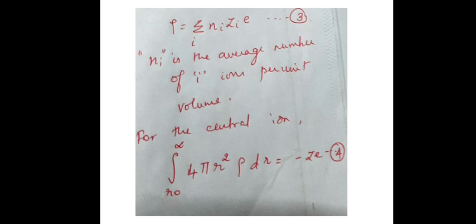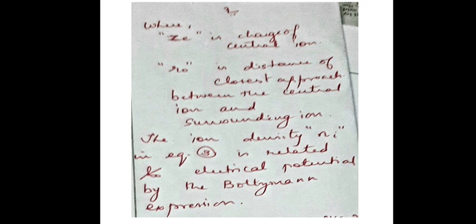For the central ion, if it is a positive ion, the integral from r naught to infinity of 4 pi r square rho dr is equal to minus Ze, where Ze is the charge of the central ion and r naught is the distance of closest approach between the central ion and the surrounding ion. If the central ion is a positive ion, the surrounding ions will be negative ions.